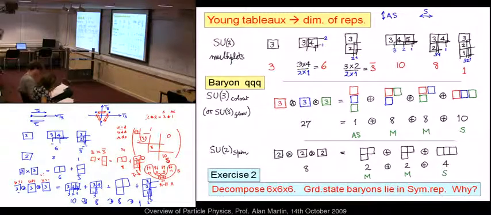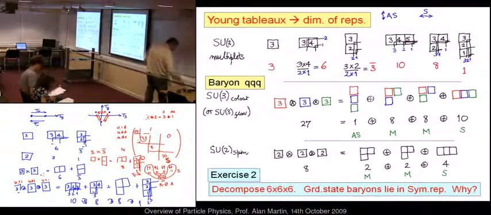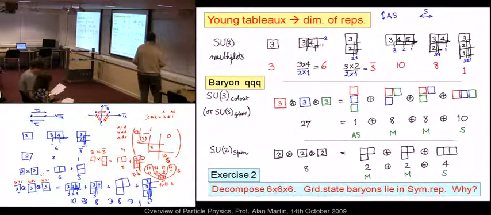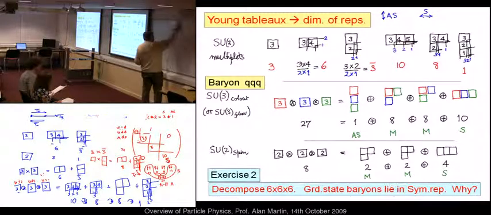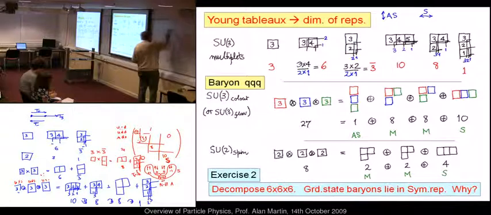We both have more than 1 box. Yep, we're allowed to do that. Let's do 6 and 3 bar. I've unfortunately drawn the 3 bar first. So that's the 3 bar times the 6.